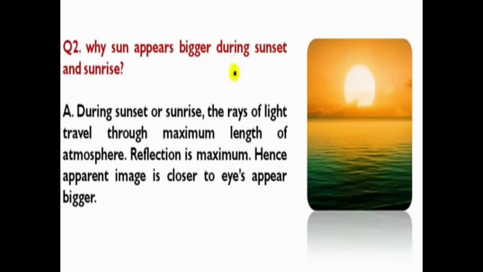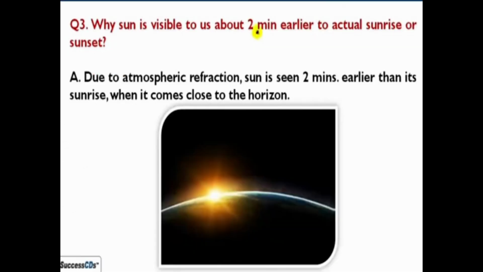The rays of light that are passing travel through the maximum length of atmosphere, and due to this the refraction is maximum, and that's why the apparent image of the sun is very much closer to our eyes, and that's why it appears bigger. I hope that I am clear to you.